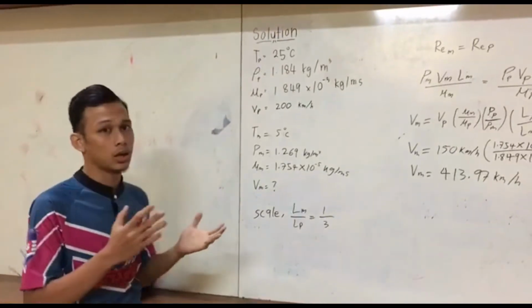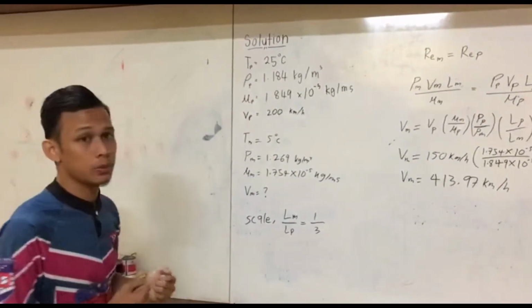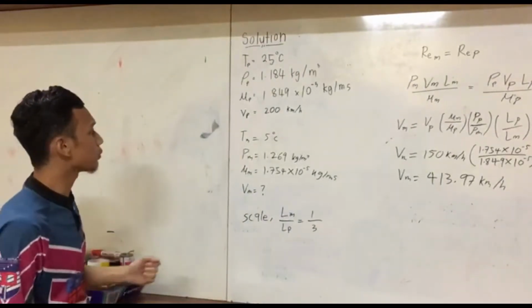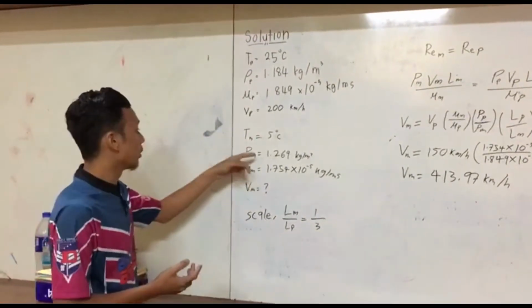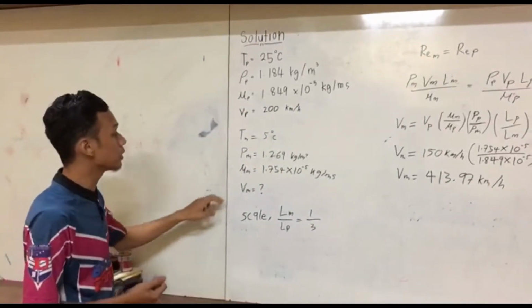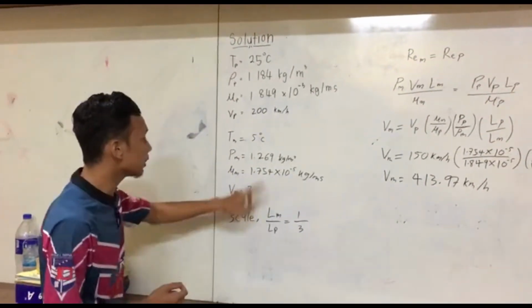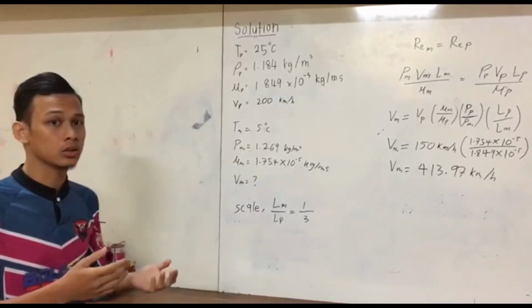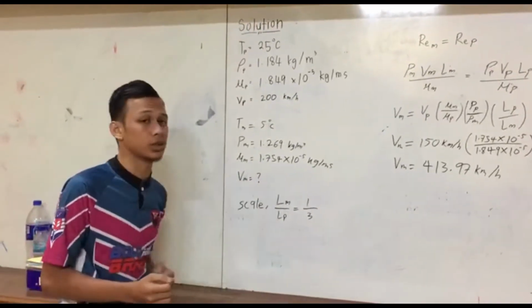For the model, the temperature is 5 degrees Celsius, and we get the density for the model as 1.269 from the table, and the dynamic viscosity we also get from the table. The scale given is the model to prototype ratio of 1/3.